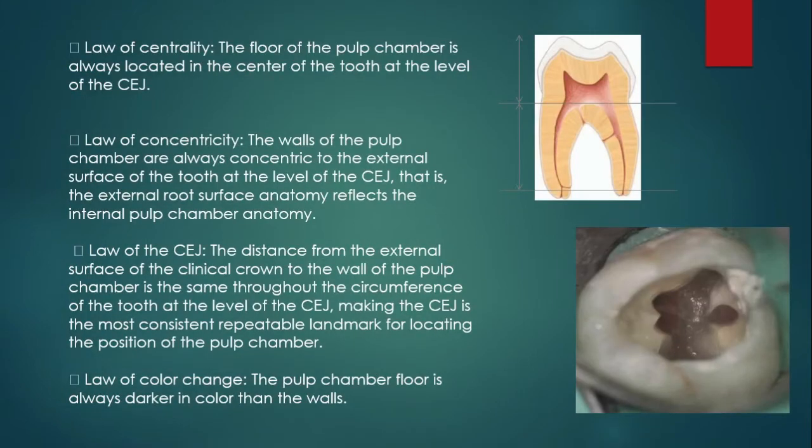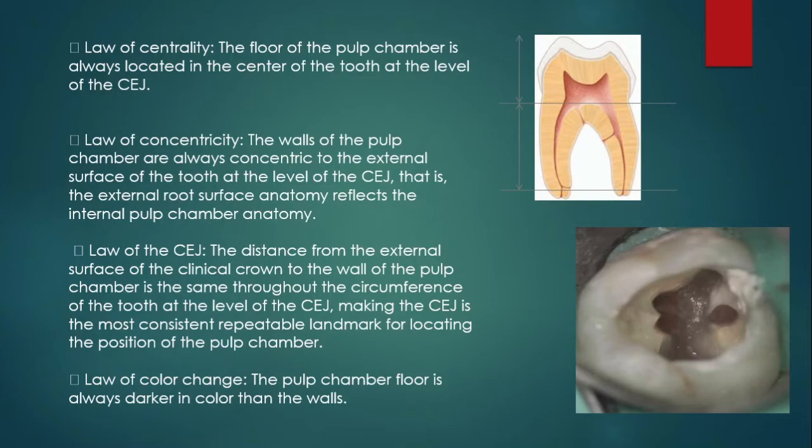Alright, now the coming few slides are very important. I'll be talking about Krasner and Ranko laws of pulp chamber anatomy. These laws will help you to prevent any perforation when performing an access cavity and also will help you in getting a mental picture of the location of the pulp canals.